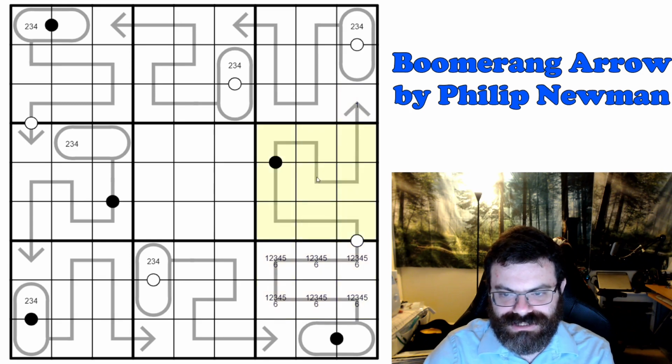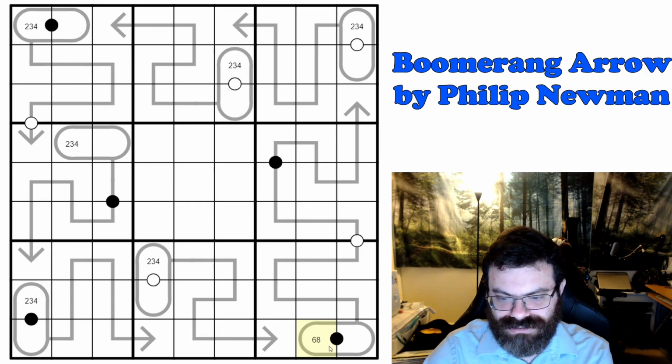So this would be 46 plus 21. Let's just say that 22 here. So this is 22 plus 45 is 66. So at minimum, this is a 6. And I'm pretty sure we could get all the way to 9. But we can't actually have a 9 or a 7 on a black dot.